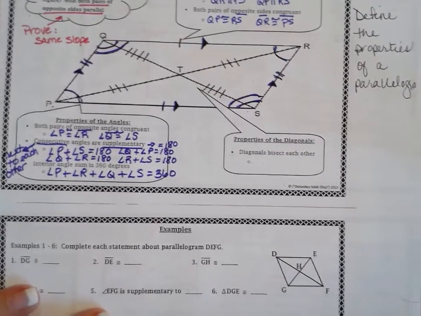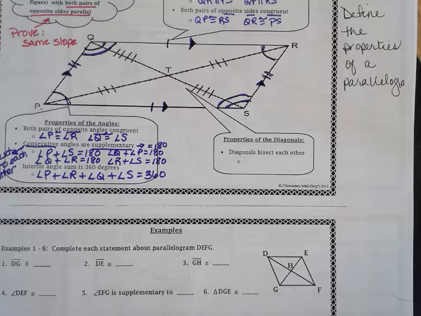Okay? All right, last property. Diagonals bisect each other. What does it mean to bisect? Cut in half, right.